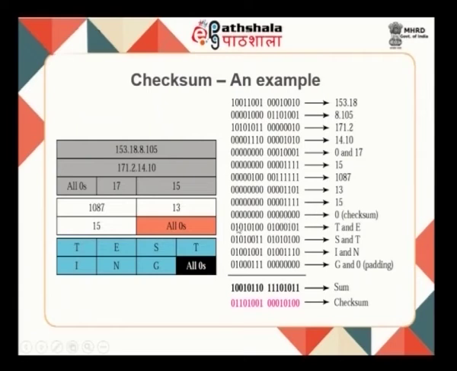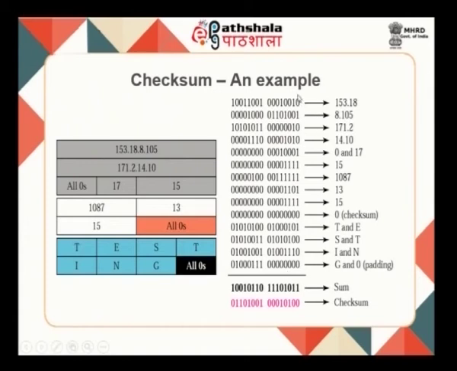That is the place where the checksum would be stored, and it is assumed to be all zeros for the purpose of the calculation of the checksum. So you use a value of all zeros here, and then TE forms the first 16 bits, ST forms the next 16 bits, IN is the next, G followed by 0.